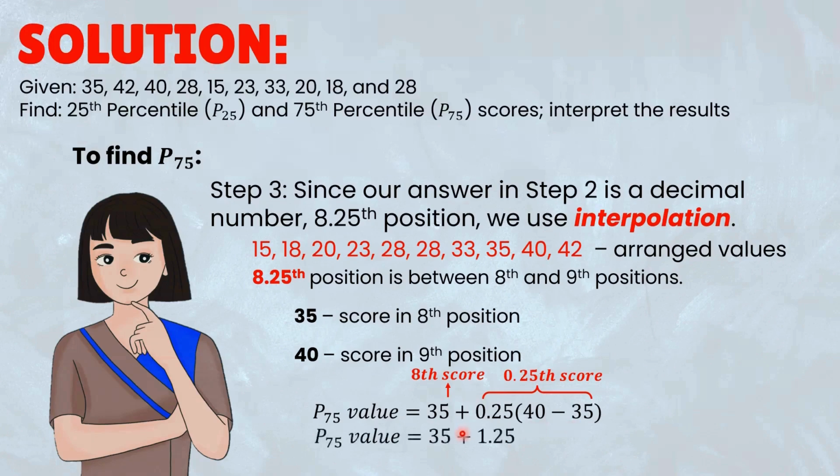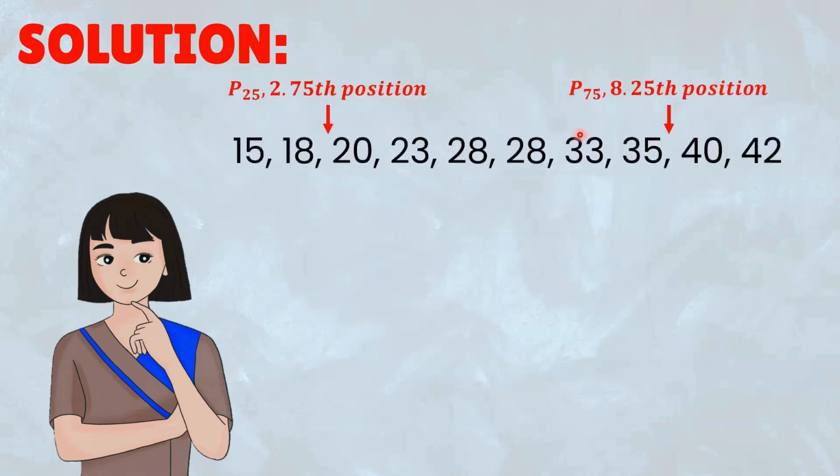All right, so we perform the operation. We have 35 plus 40 minus 35, which is 5, times 0.25. That gives us 1.25. So performing the operation, the percentile 75 value is therefore equal to 36.25. Now we go to the interpretation of the results.